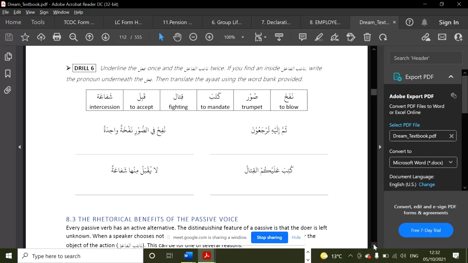You say fisuri is maf'ul fihi, but we studied that there are no maf'uls in mabni al-majhul. So the question of maf'ul fihi is gone. We only have mutalik bil fail, which is fisuri.